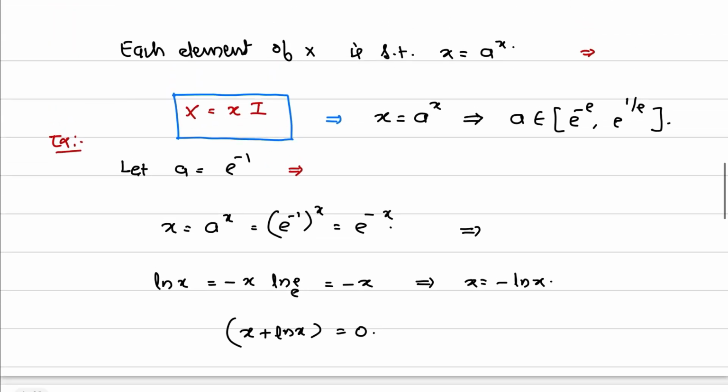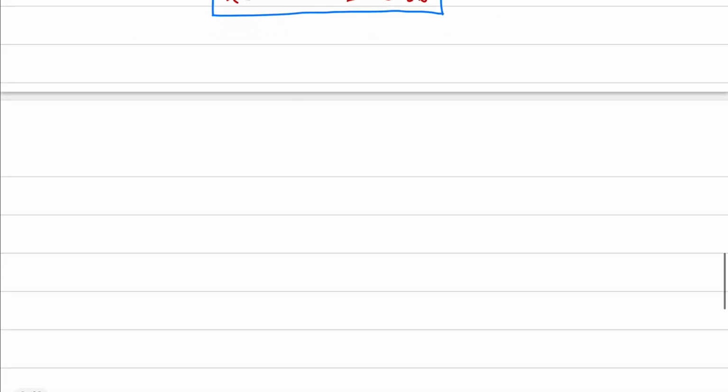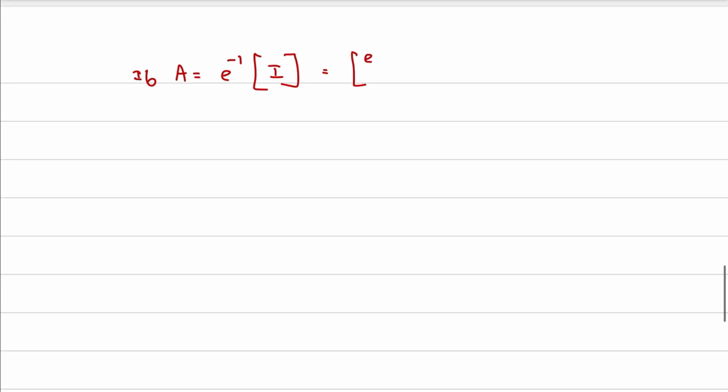A is equal to e to the power of minus 1 into I, that is e to the power of minus 1, 0, 0, e to the power of minus 1.